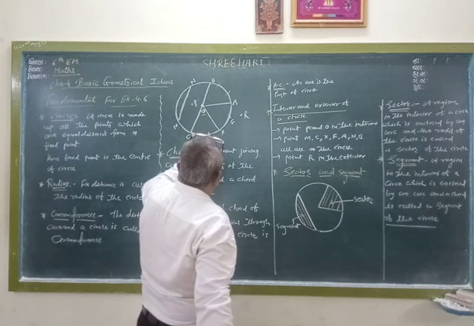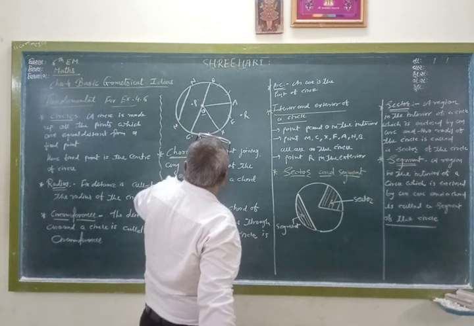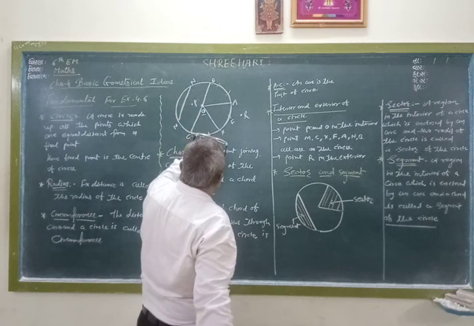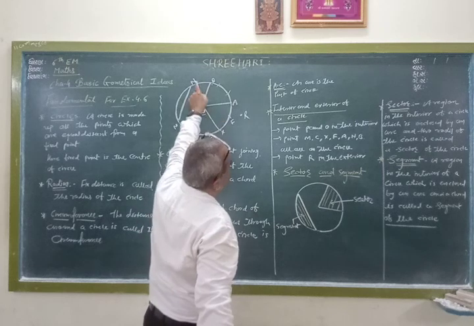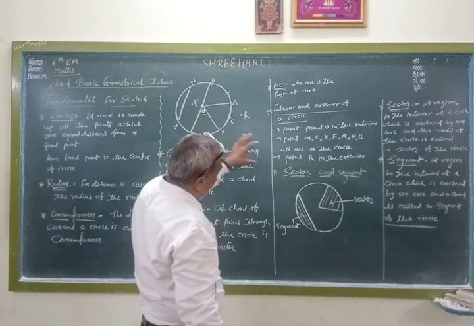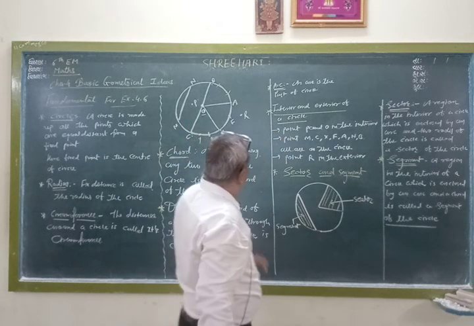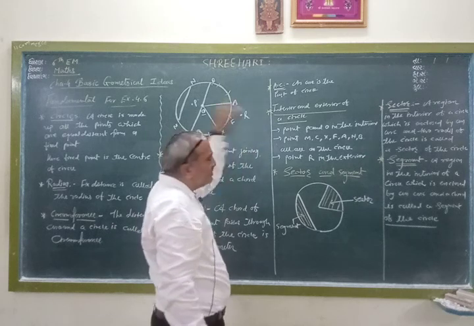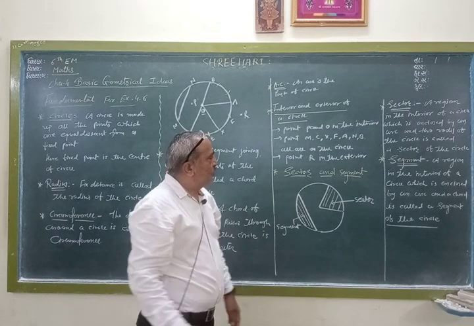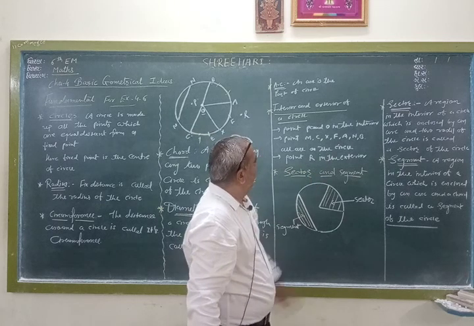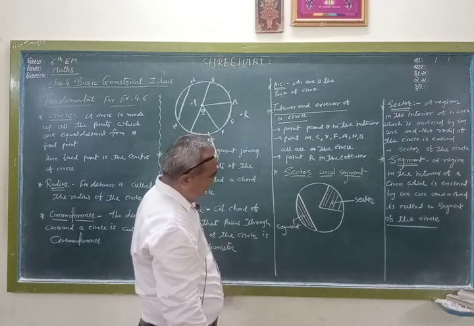And friends, you can see here points M, C, Y, E, X, F, A, B, N, all are on the circle. And point R is outside of the circle. So point R is in the exterior of the circle.